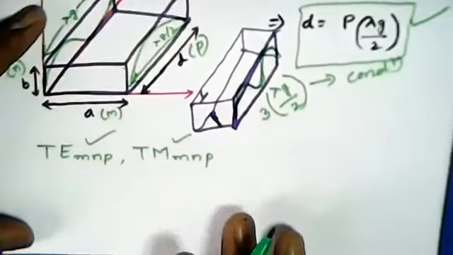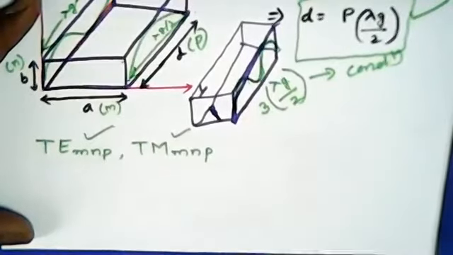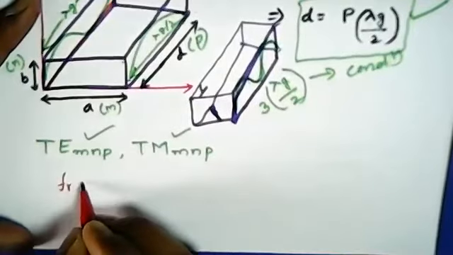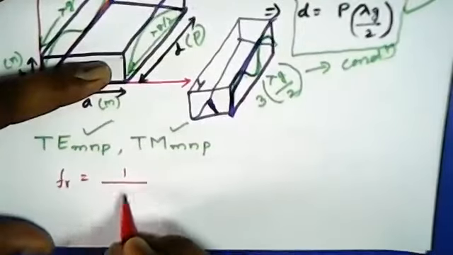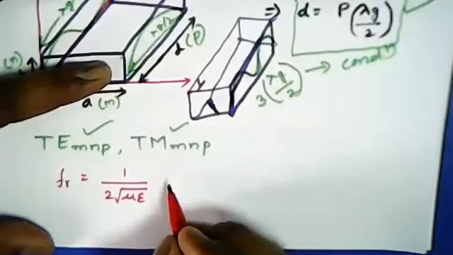Now the resonating frequency for this particular resonator is given by the expression: the resonant frequency is given as 1 by 2 root mu epsilon.